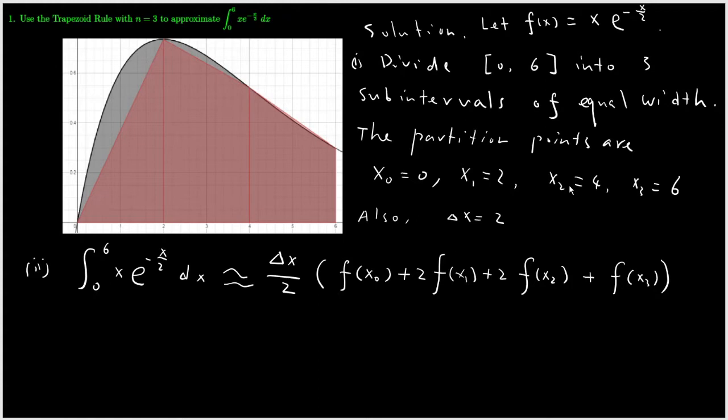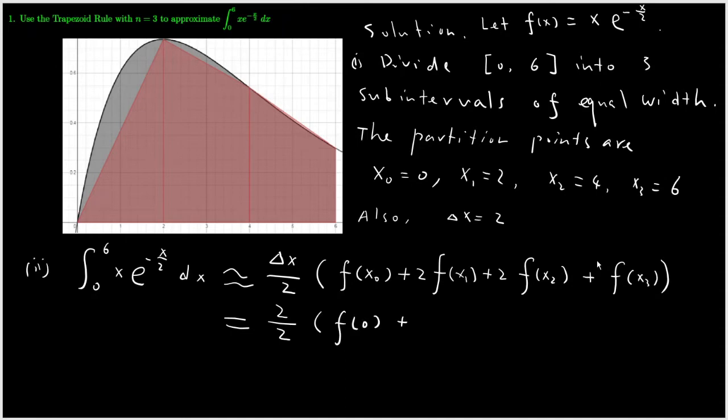Now we are going to plug in the numbers. Delta of x, the width of the subintervals, is equal to 2. So we have 2 over 2 in here. And then times x0 is 0, the value of the function at 0.